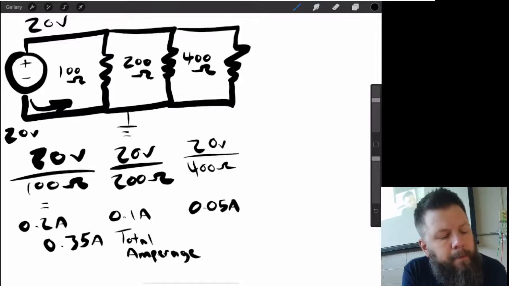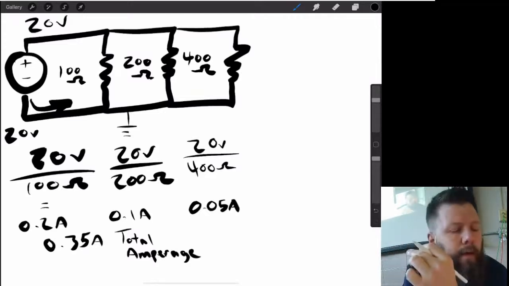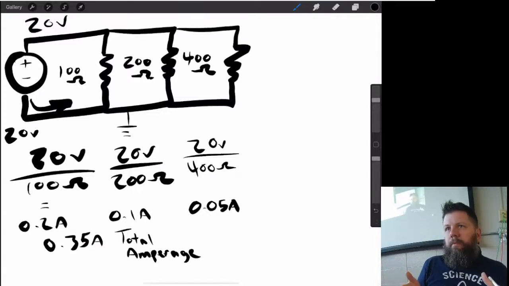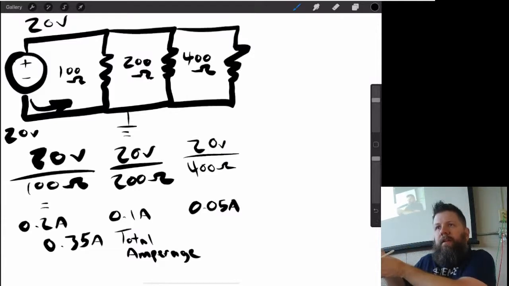All right, now we're going to go back and we're going to prove. Y'all know when we talked about resistors in parallel, what do we know about the total resistance of that network? Like those three resistors. All right, the 100 ohm, let's say, is a pretty big pipe. And then we've got a 200 ohm, which is half that size, and then a 400 ohm, which is half that size, right?